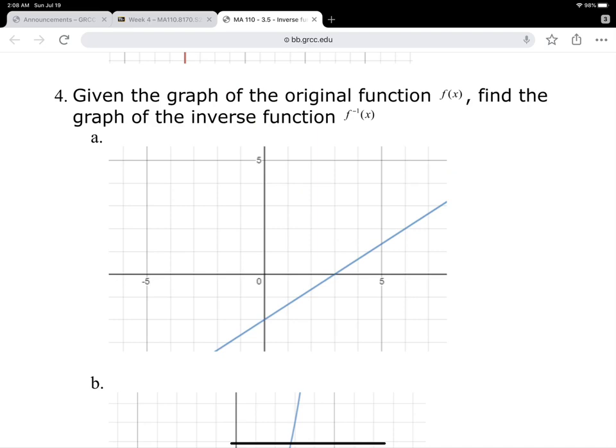Alright, given a graph of the original function f of x, find the graph of the inverse function.